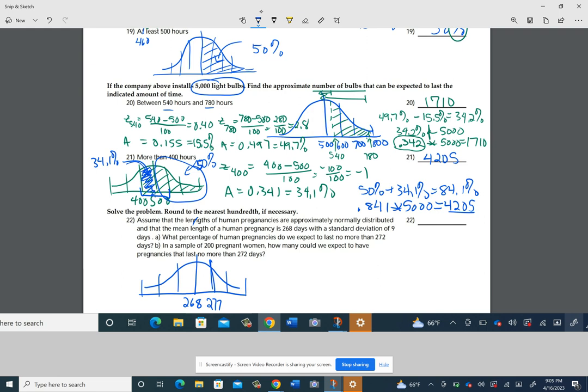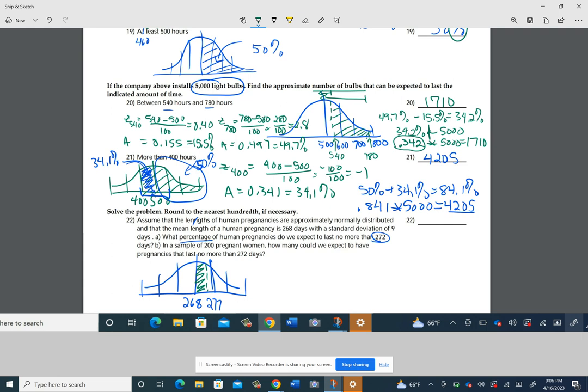I noticed they're asking me questions about what percentage of human pregnancies do we expect to last no more than 272 days? So that would be, 272 would be somewhere in here. And so what I'm going to do is figure this out because that's what I can get out of the Z-score table.